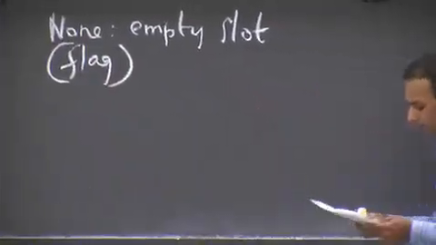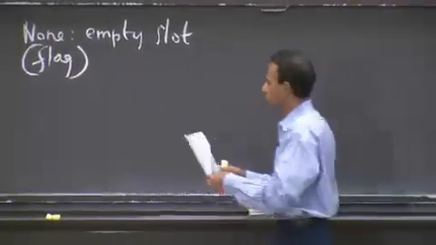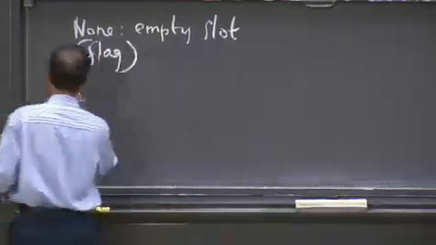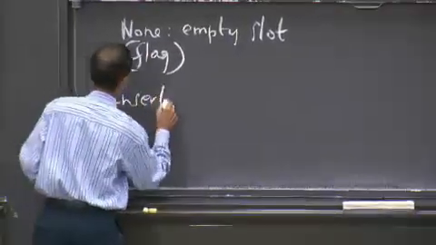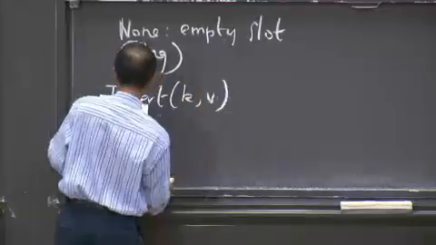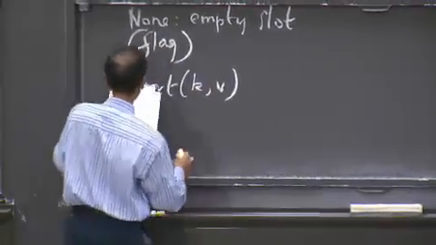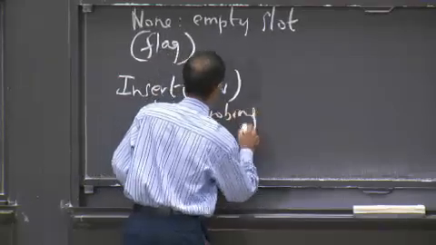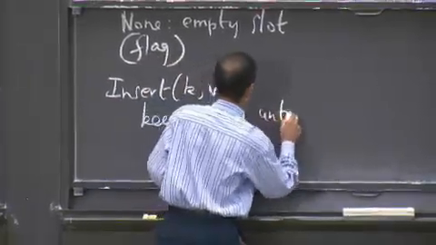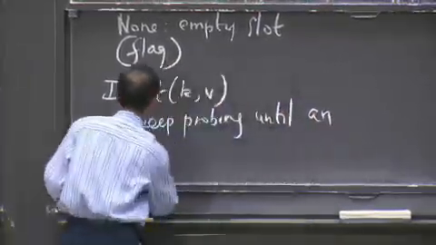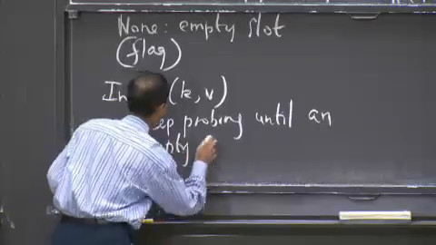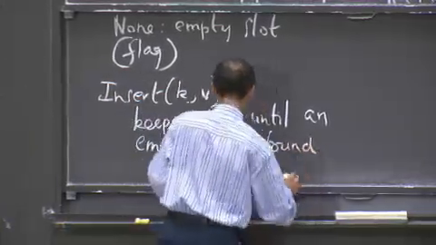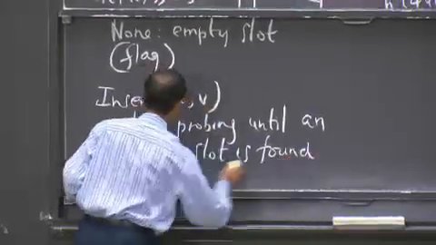And in the case of insert, what you did was, insert (k, v) would say keep probing. I'm not going to write the pseudocode for it. Keep probing until an empty slot is found. And then when it's found, insert the item.